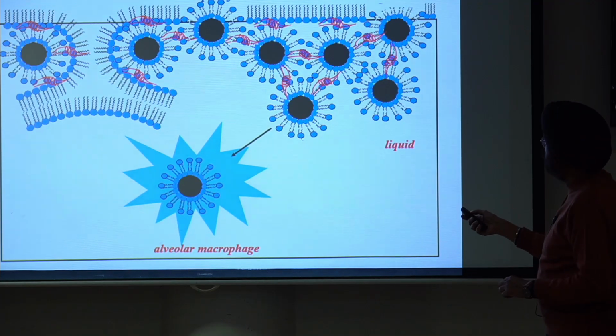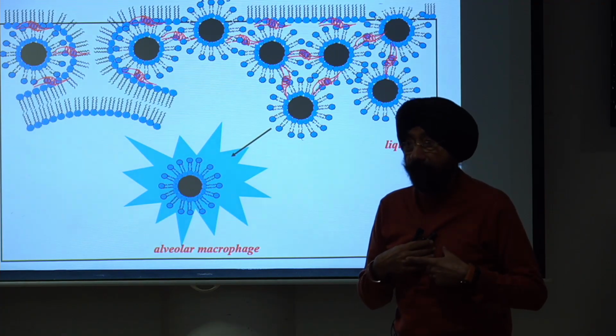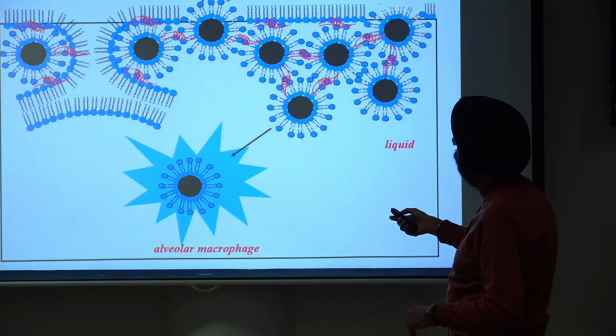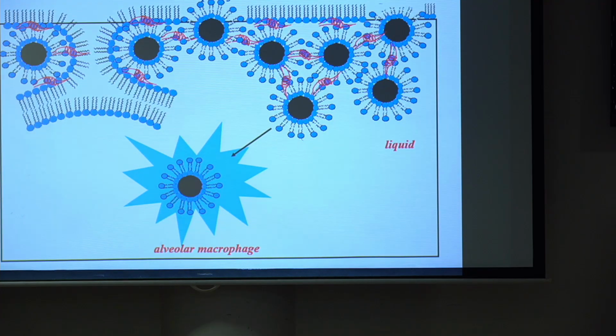So head groups are inserted only in the lung fluid, that is the aqueous phase at the interface. That is why you see only the monolayer exactly at the interface.